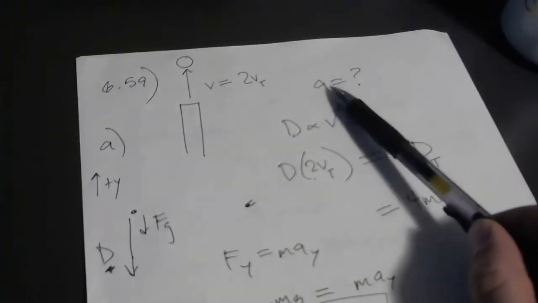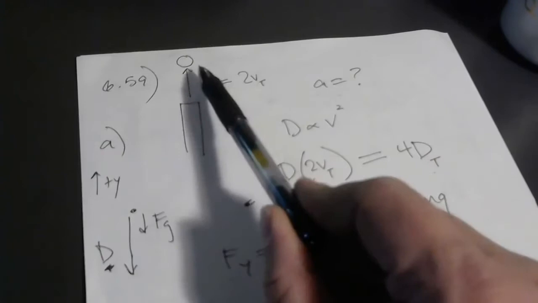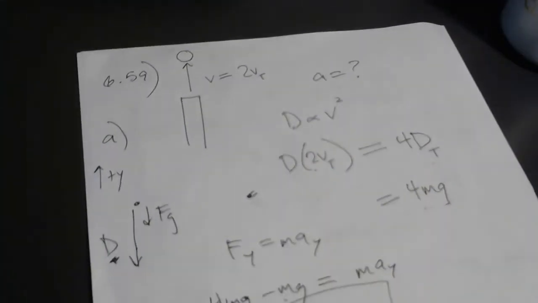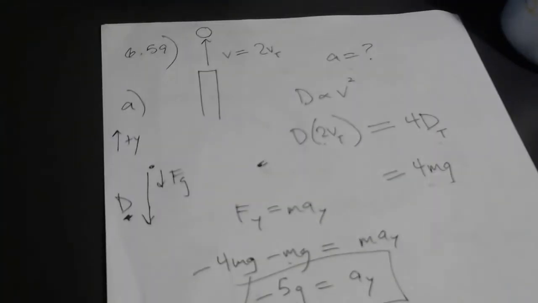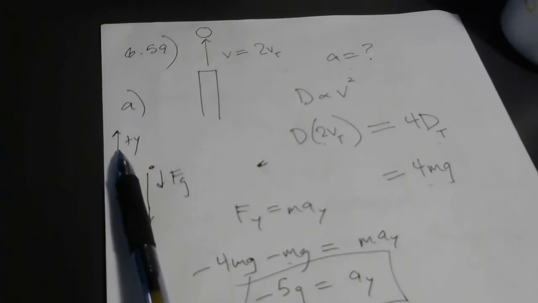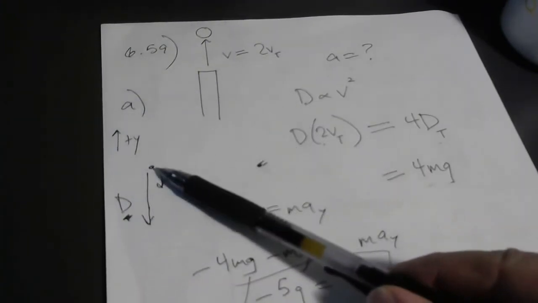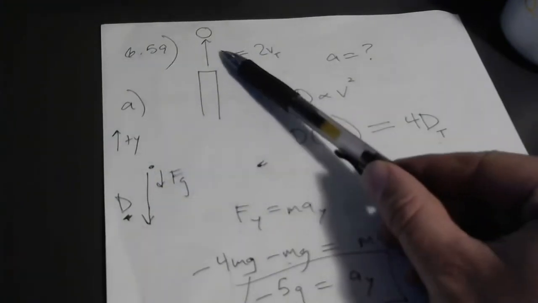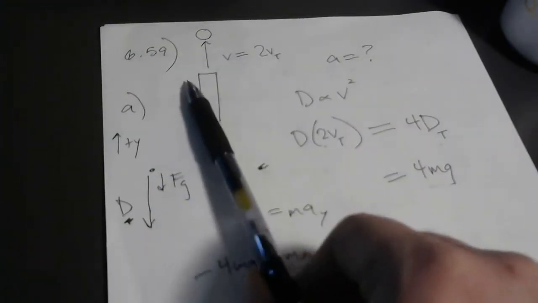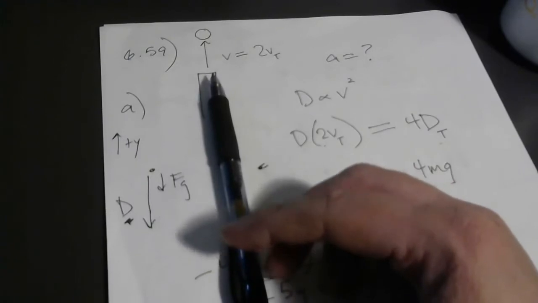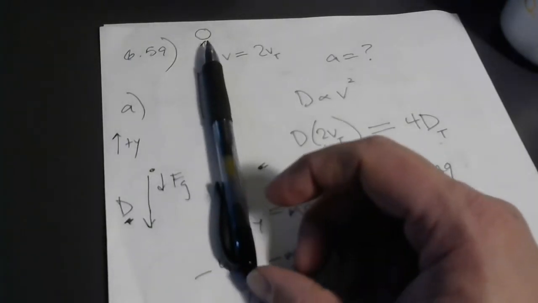Okay, we're supposed to figure out what the acceleration of this ball is. And the first thing you might want to do is set up your coordinate system. I will go ahead and call up the positive direction. I will draw a dot to represent the ball. And now you want to recognize that since the ball is moving upwards, the drag force has to point downwards.